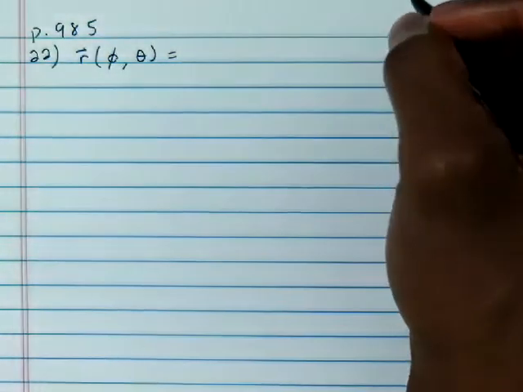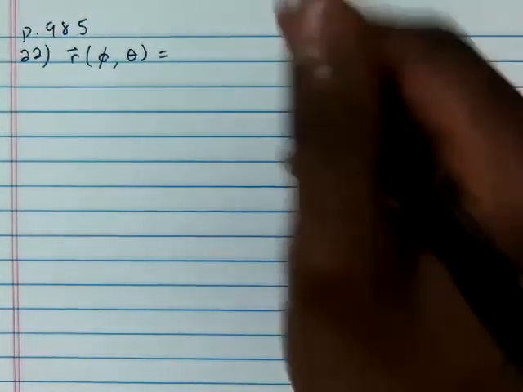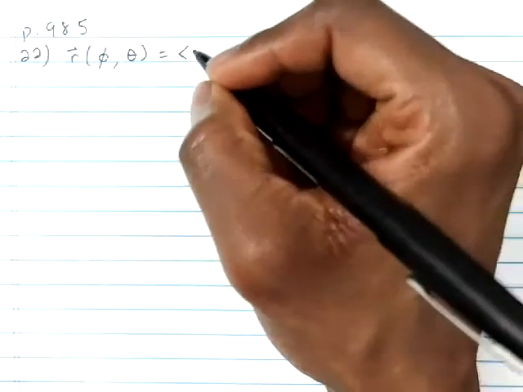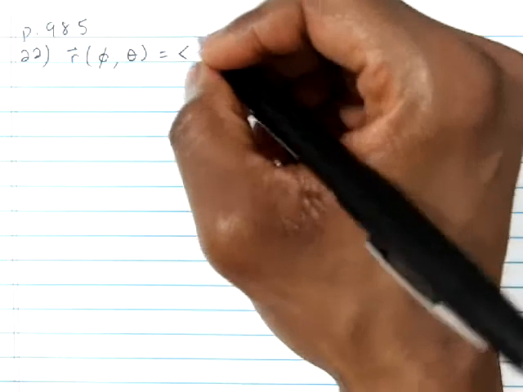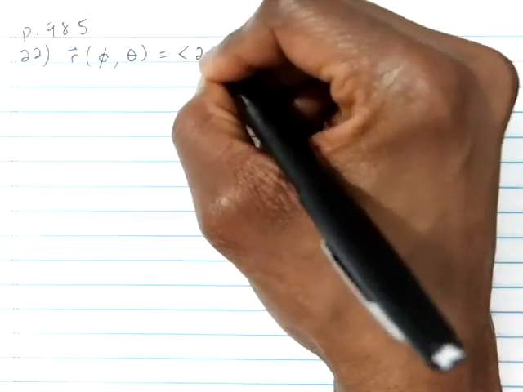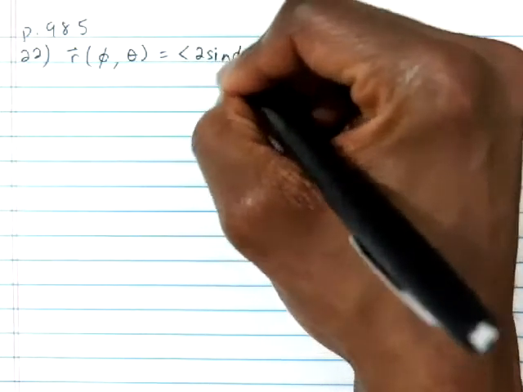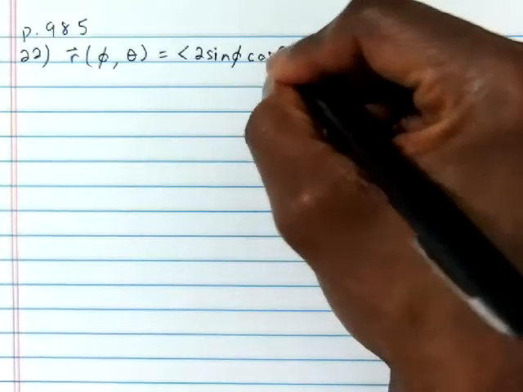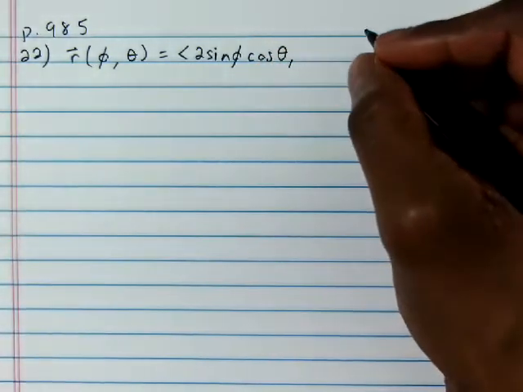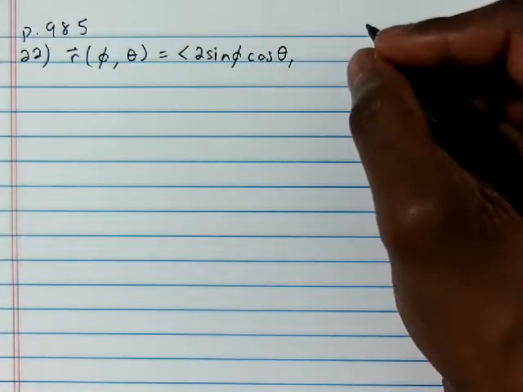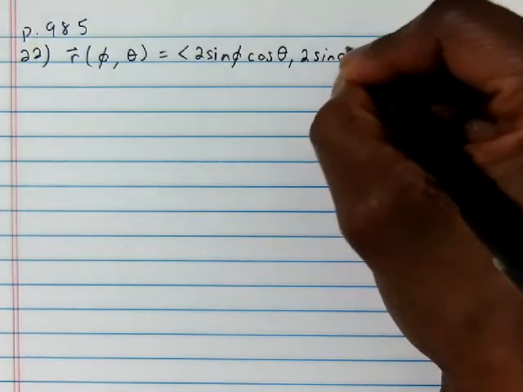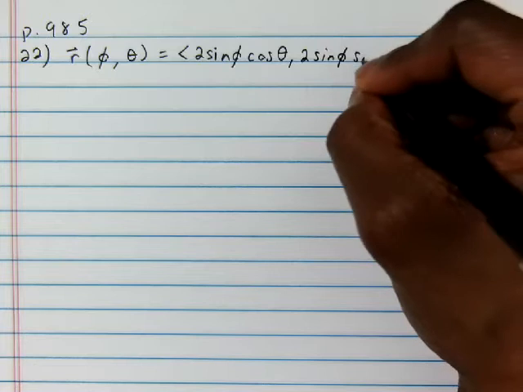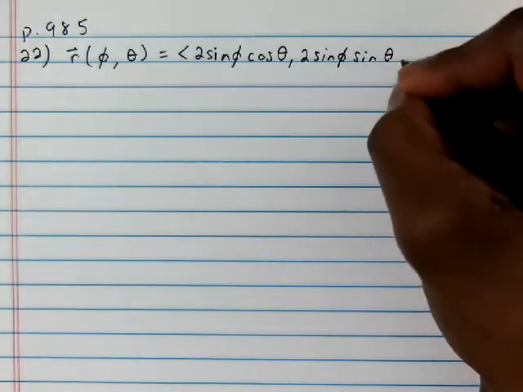Let's see if I can fit this on one line. The i component is 2 sine phi cosine theta. The j component is 2 sine phi sine theta.